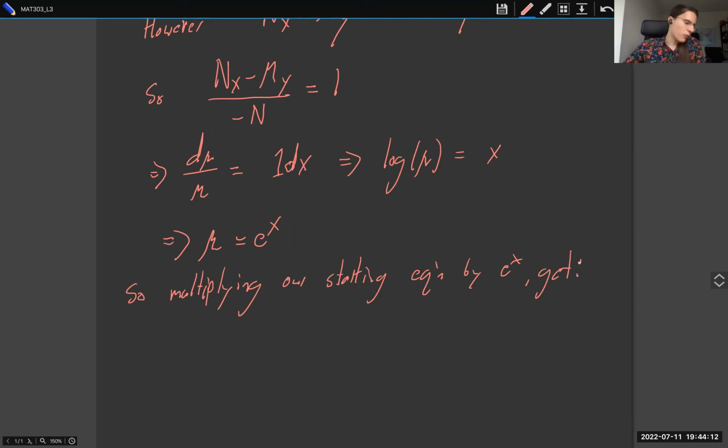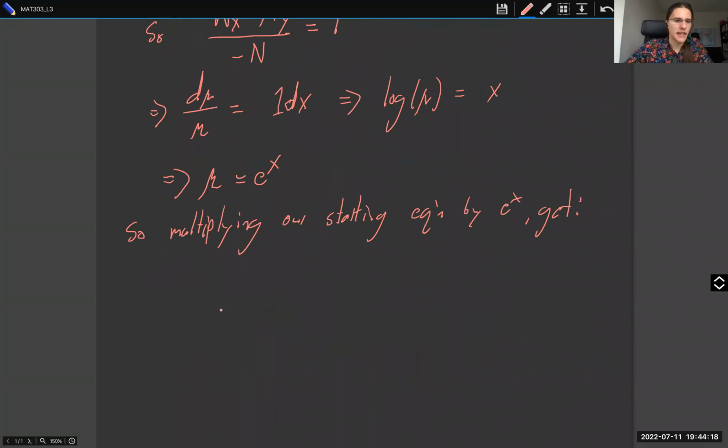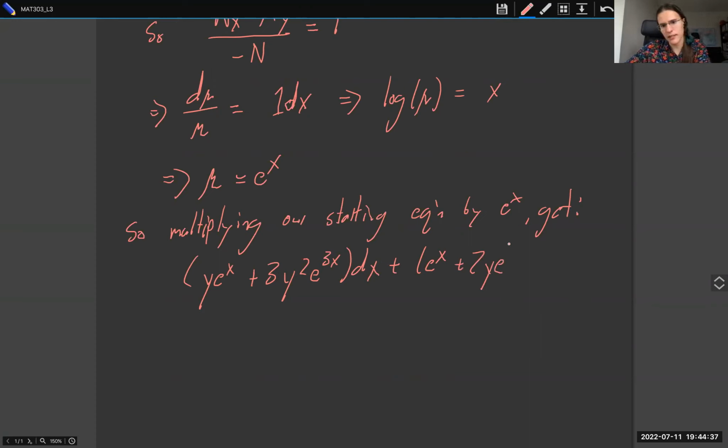And then you should write what you get. So what you get is, well, I have it written down. It's y e to the x plus 3y squared e to the 3x dx plus e to the x plus 2y e to the 3x dy.